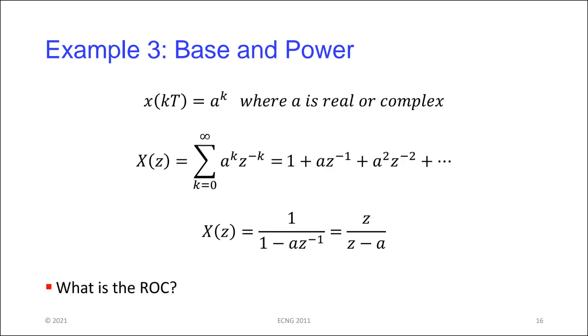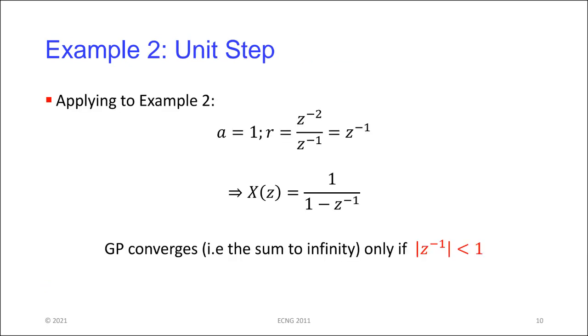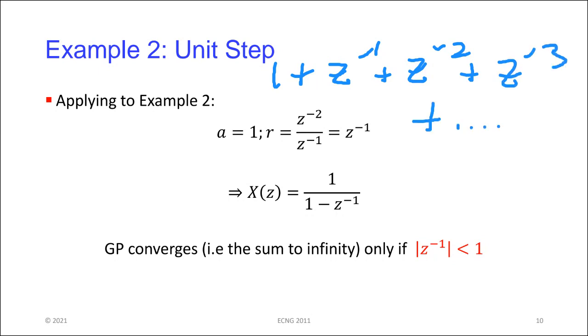Remember, we could go back to the unit step right here. Remember that the sequence here, for instance, was 1 plus z minus 1 plus z minus 2 plus z minus 3 plus, and we're going on to z huge powers. We could leave it like that, or we could try to find a closed form solution for that. This is a geometric progression, a GP, and it has a common ratio of z minus 1.